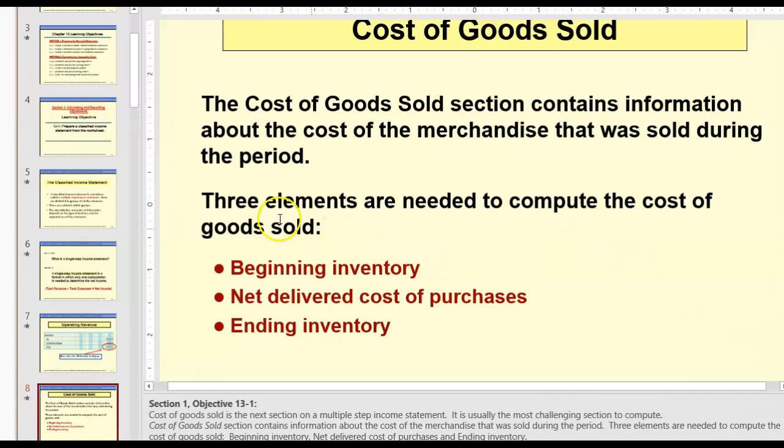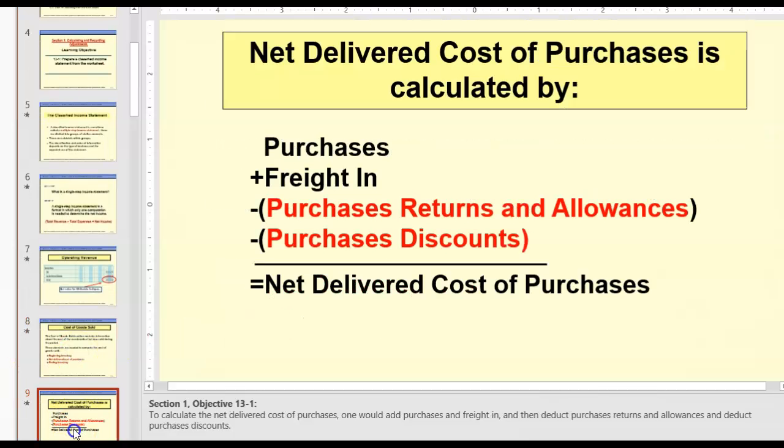And there are three things you need to compute the cost of goods sold. That's the beginning inventory that you have, the cost of the new purchases, and the ending inventory. So here's how we figure it out. We take our purchases, the cost of purchases. We add what it cost for the freight.